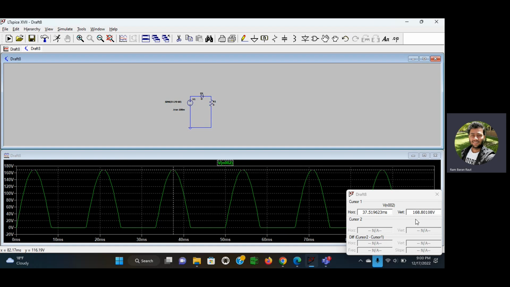So this is 168.8 divided by square root of 2. This should be close to 120 volts. So we have here 119.3596 volt. So we can just square this and divide by 5.